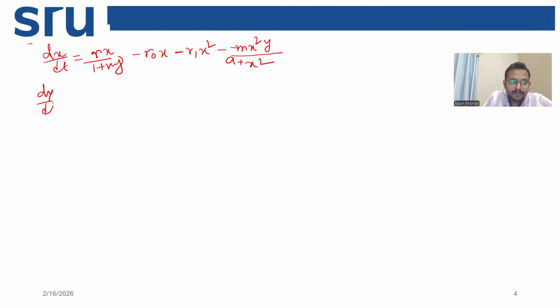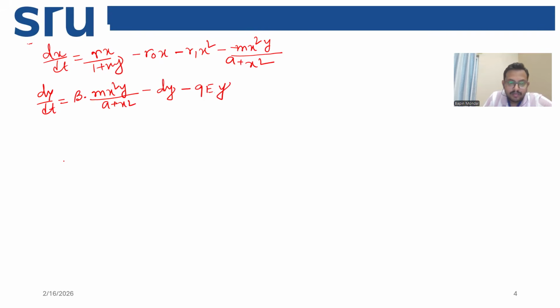And we have dy/dt is equal to beta m x squared y by (a plus x squared) minus d y minus q e y.